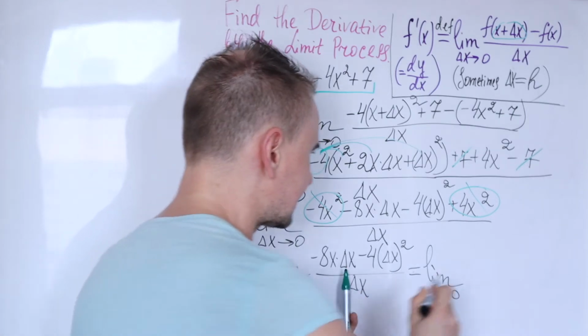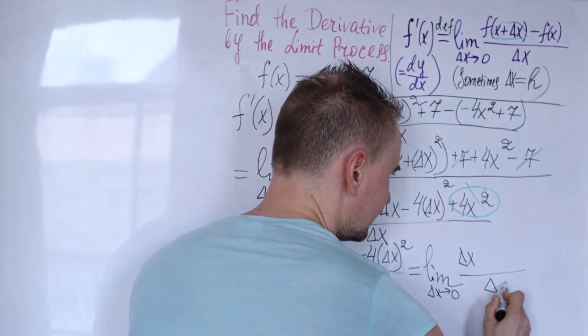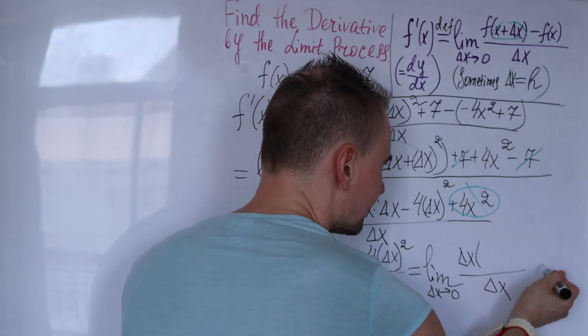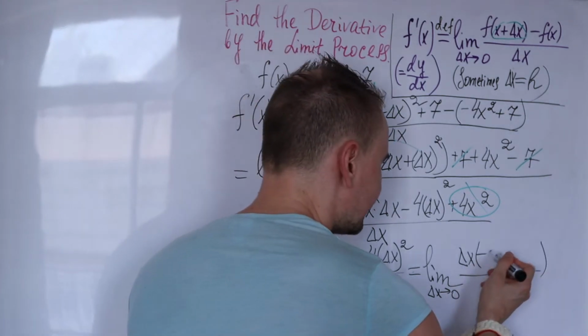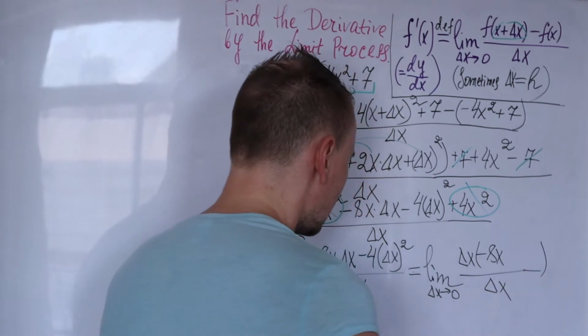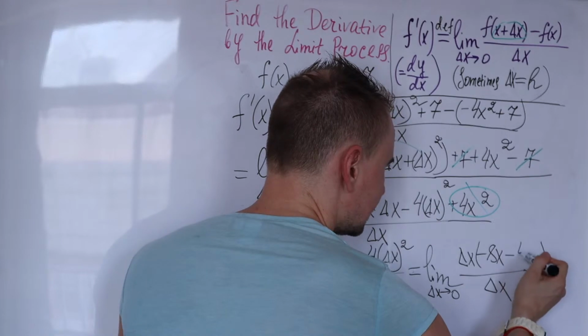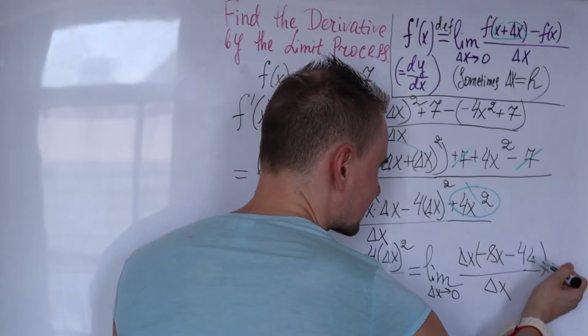So let's pull out delta x in front. You have delta x on the bottom. So what's left over? What goes inside of your parentheses? Negative 8x and negative 4 delta x.